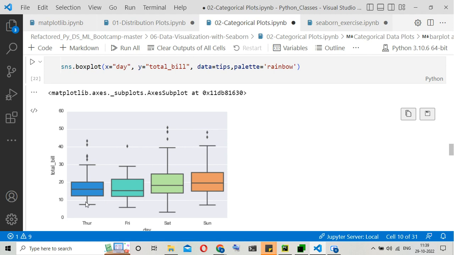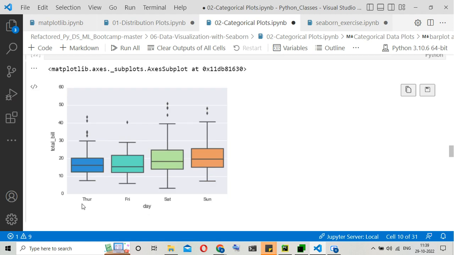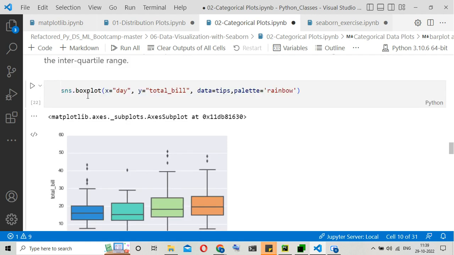You can see your days, Thursday and Friday, have much lower means, right? You are spending very little on total bills. But as Saturday and Sunday come, a little higher is expected. So you can try a box plot and put the data on day.